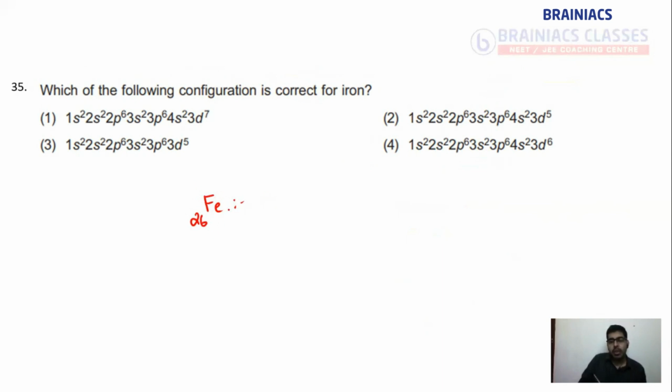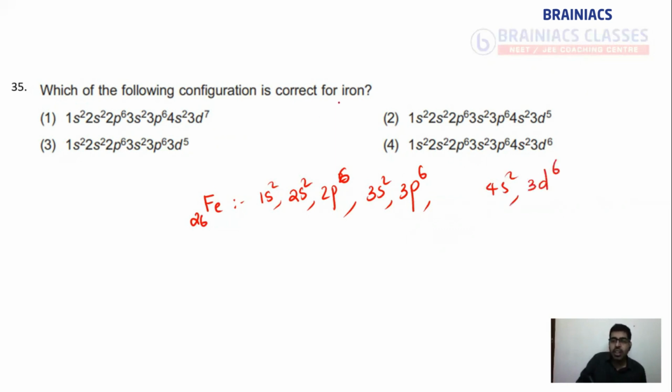Configuration: 1s2, then 2s2, after filling 2s we fill 2p6, then 3s2, then 3p6, then 4s2. So 2, 4, 10, 12, 18, 20. Now 3d6. This is the configuration of iron.